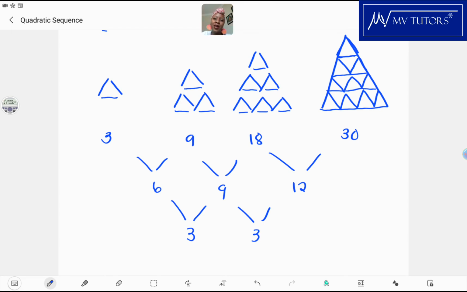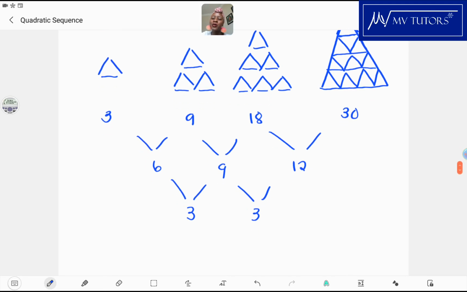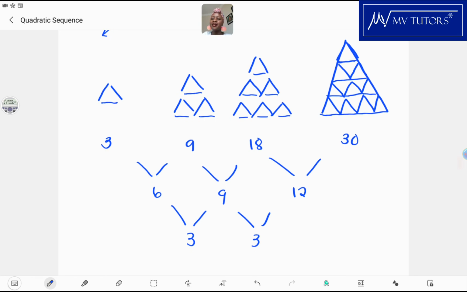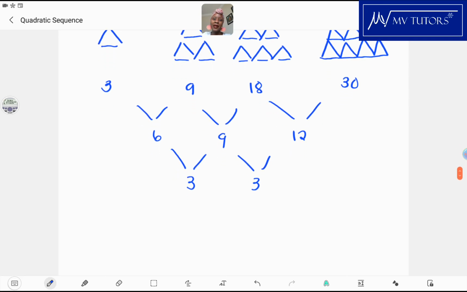This is where this would come in. You can formulate a quadratic formula from the nth term formula that we just saw, and then calculate how many cards would be expected for 60 rows. That is the practical application.